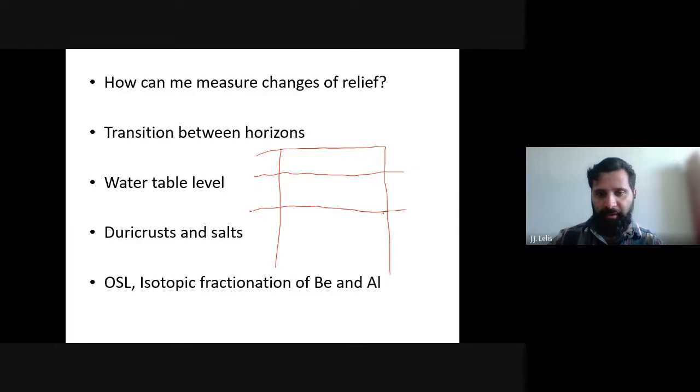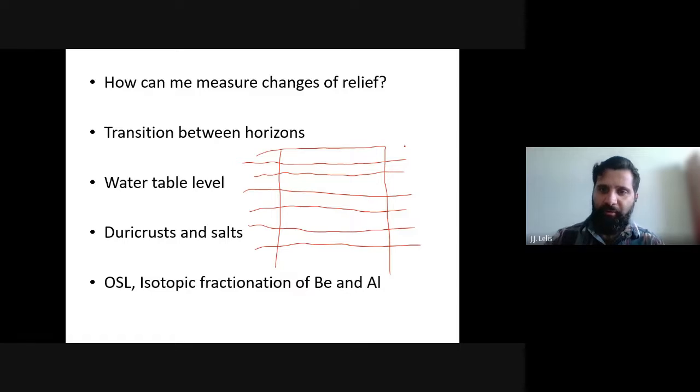We'll discuss this technique in the next classes, but if I have some fluvial soil that presents several layers, I can find here a horizon C1, C2, C3, C4, C5, and so on. And every horizon has specific properties, like these are sandy, clayey, silty, sandy, clayey, and etc.